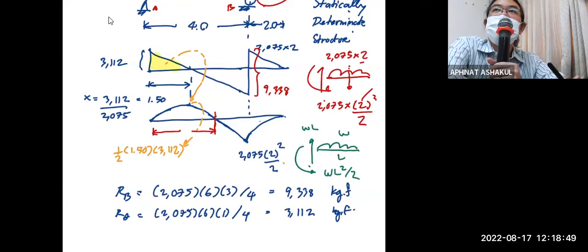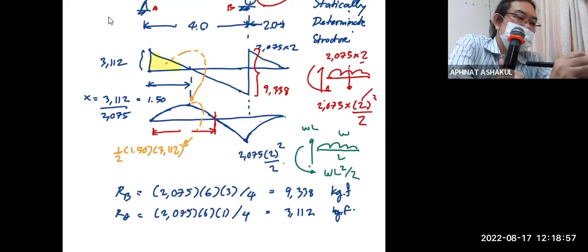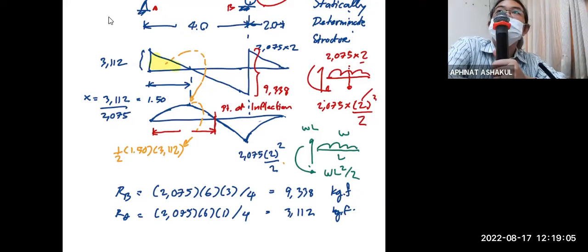For now, this location, the location where moment becomes zero, we call that point of inflection. Do you know that point? You never were asked to calculate that? It's fine.